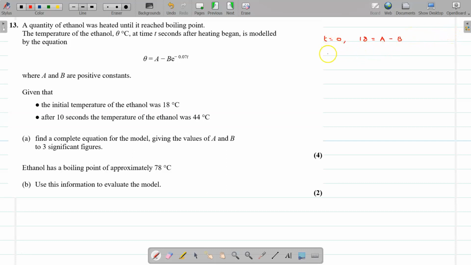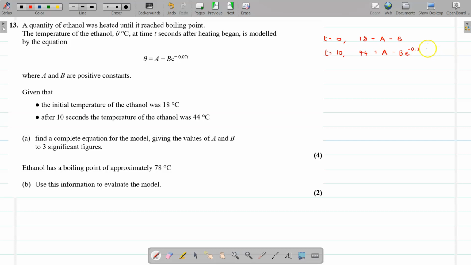And we're told that at t equals 10 seconds, the temperature has risen to 44, so it's very quick, and that equals a minus b times e to the power of, now if we times this 0.07 by 10, we get b e to the power of minus 0.7.